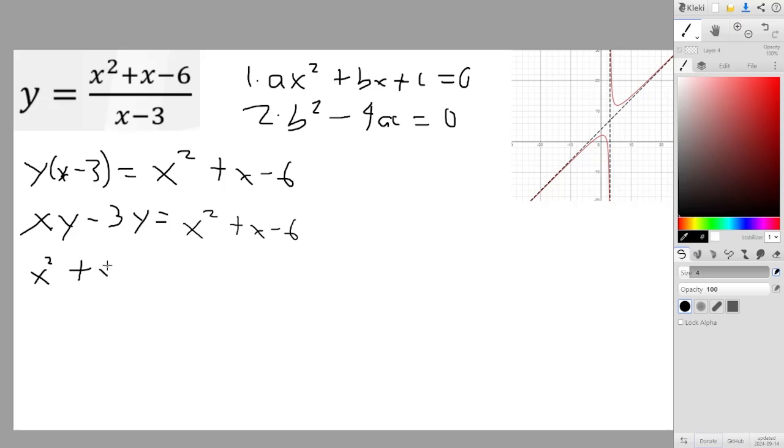So we can write this as x, this x over here, and then minus xy. And this 3y will become positive. So plus 3y minus 6. And yes, this is equal to 0.